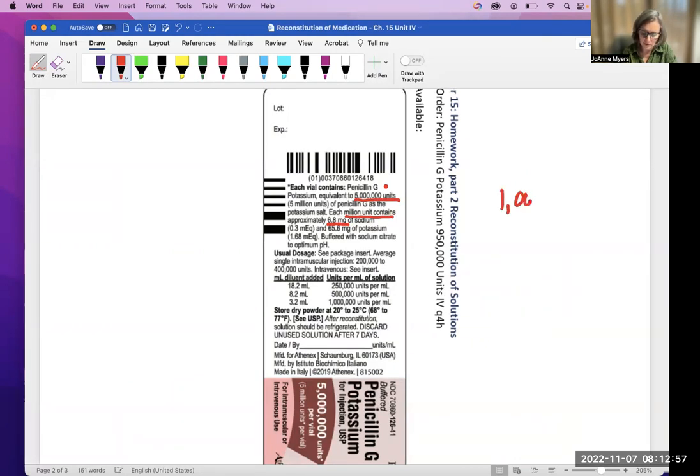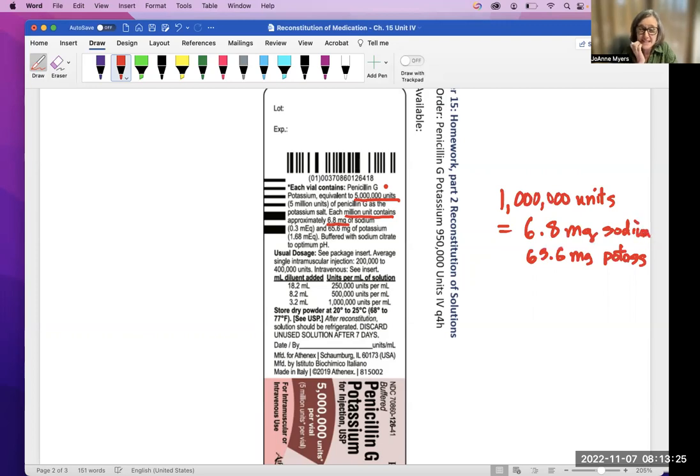So 1 million units, and never abbreviate units with a U, is the same thing as 6.8 milligrams of sodium and 65.6 milligrams of potassium. This is actually not information that you'll likely use, but I'm trying to differentiate what's going on here.